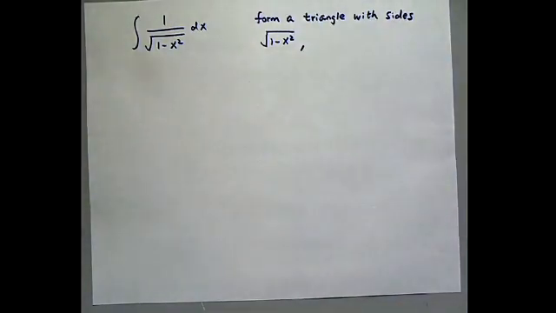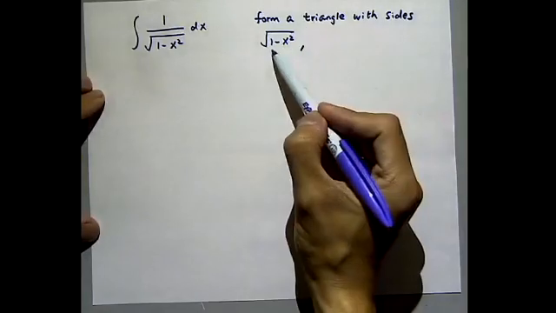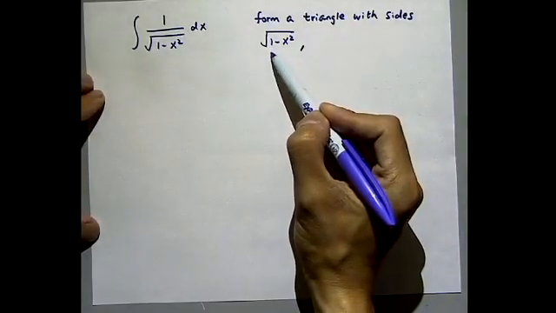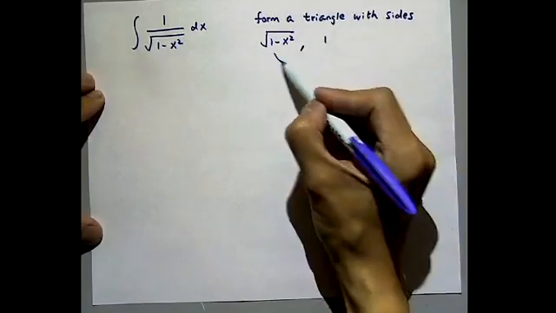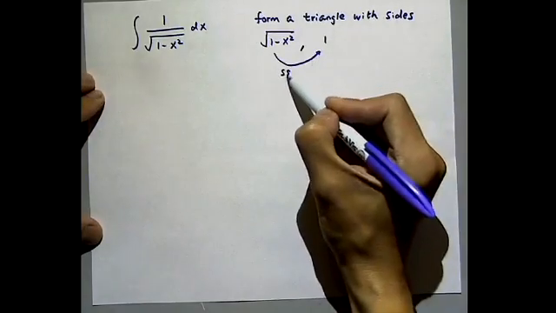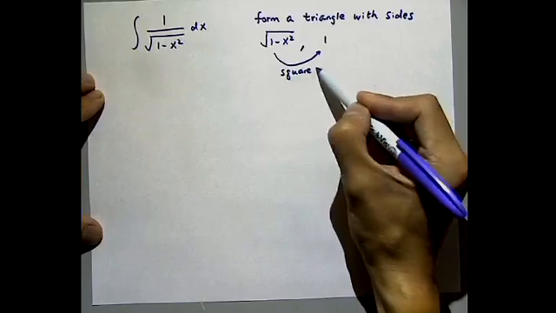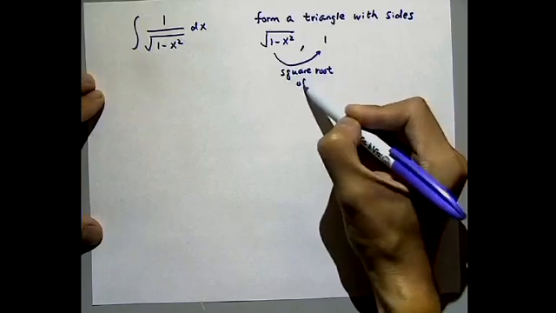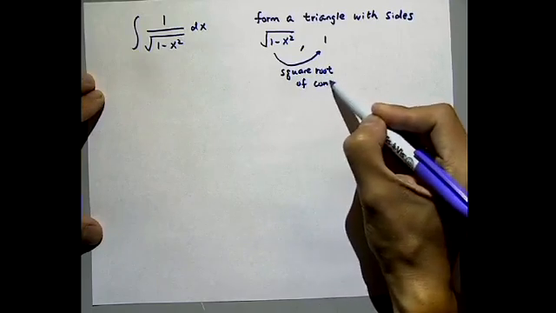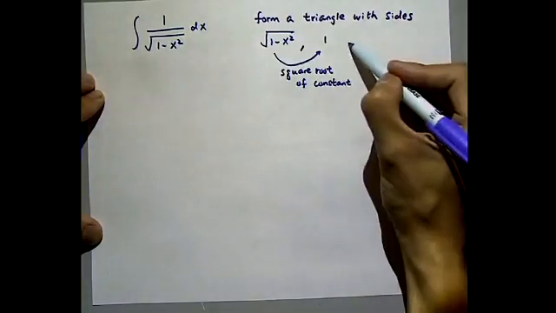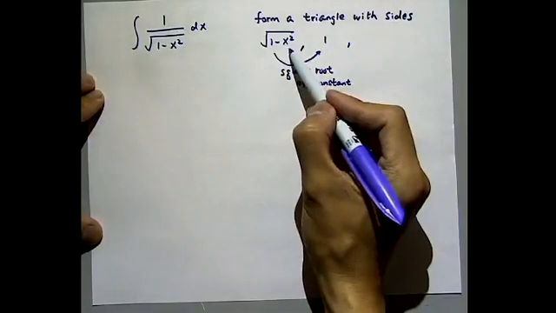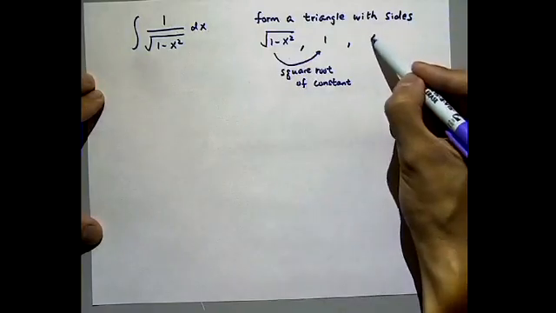The second side is this first number here, but with a square root. And the third side is this thing here under square root, so simply x.